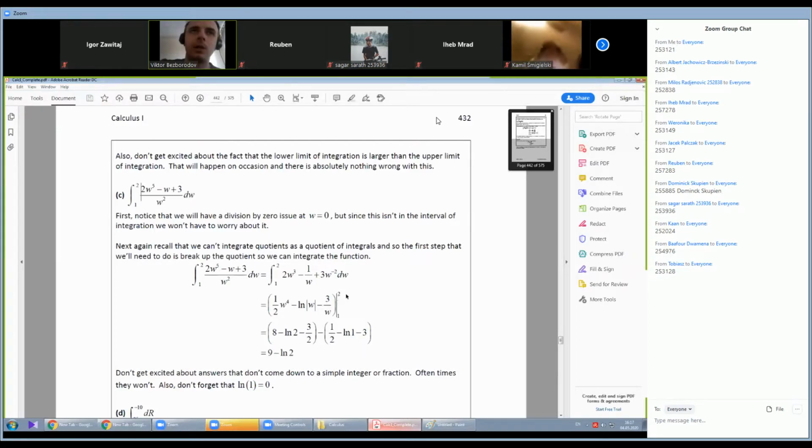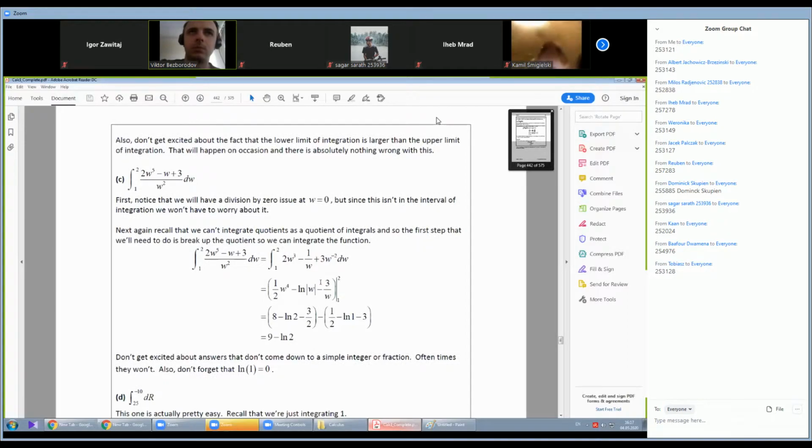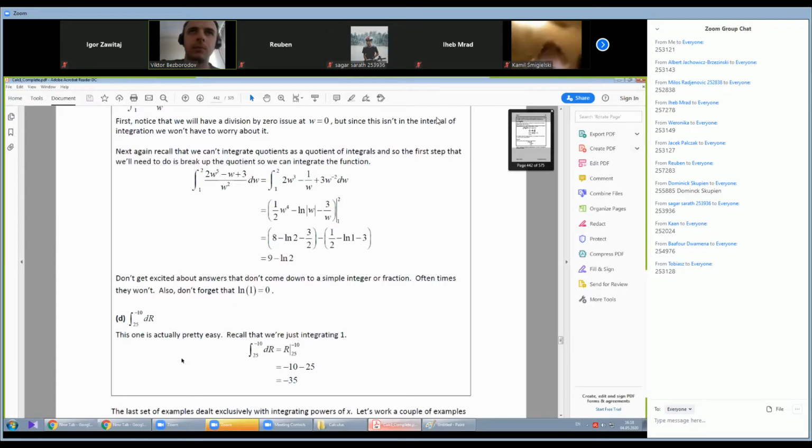And then we just compute. Okay, and this is d. So d is a little bit like a trig integral, so to say, like a trig question. It's pretty simple, but you just need to remember that this is just 1 here, right? So this is 1 dr. I think we discussed it last Monday about the indefinite integral, and here we talk about the definite integral.